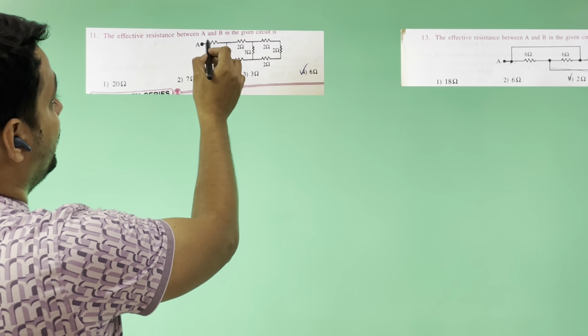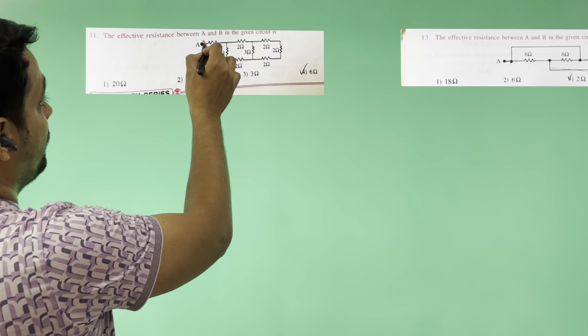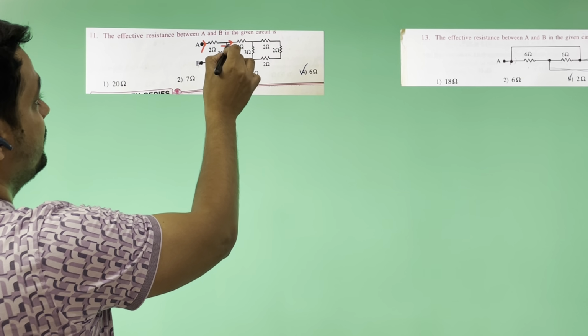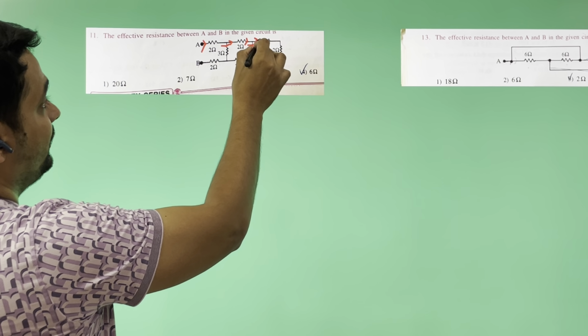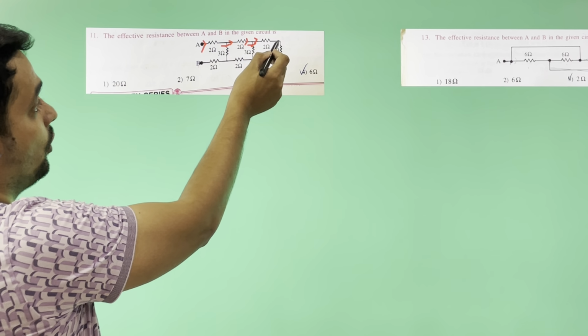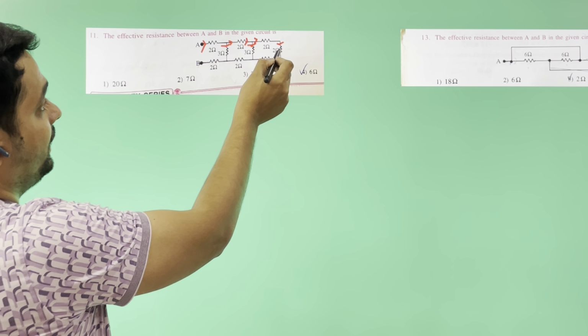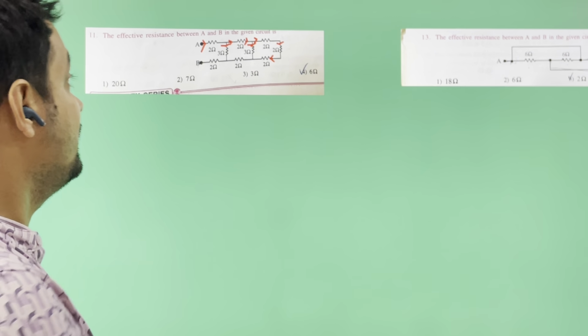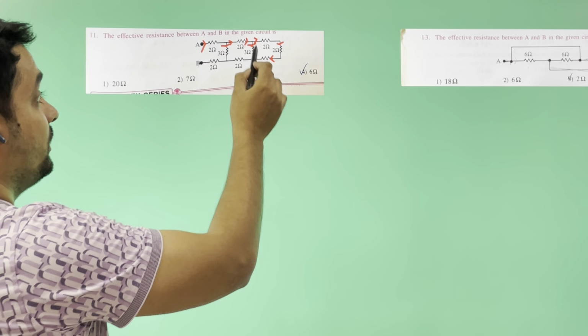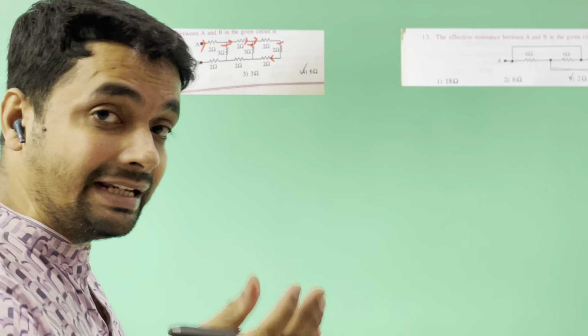The current comes from this point, then it is divided, and then divided again. But the current coming out from the 2 ohm will go into the next 2 ohm, and again the current coming out of that 2 ohm will go into this 2 ohm. As I discussed in the last class, if this type of scenario is there, we should take those resistors in series connection.